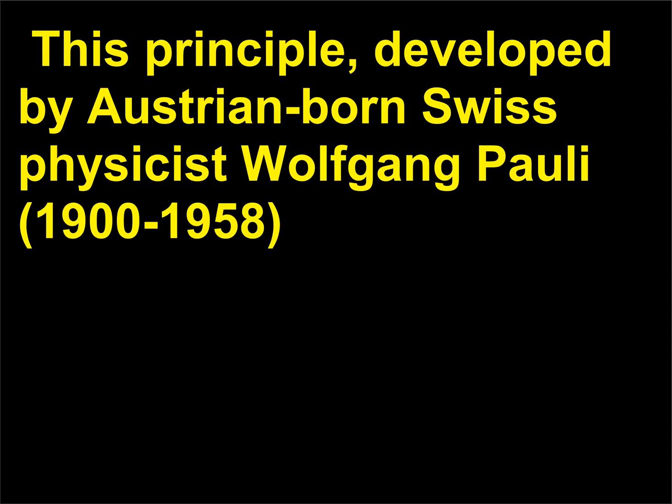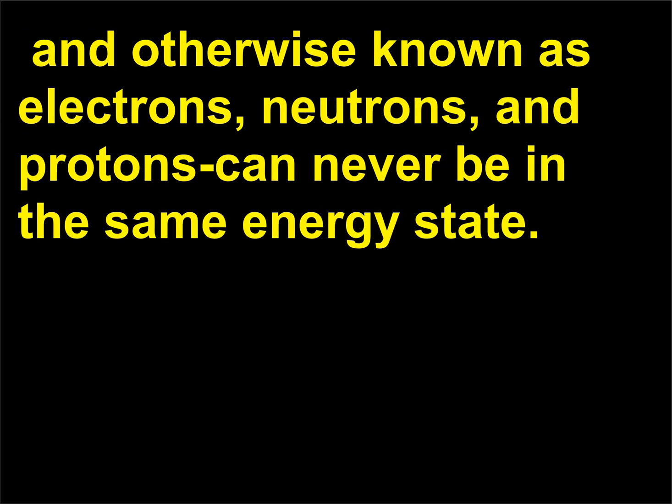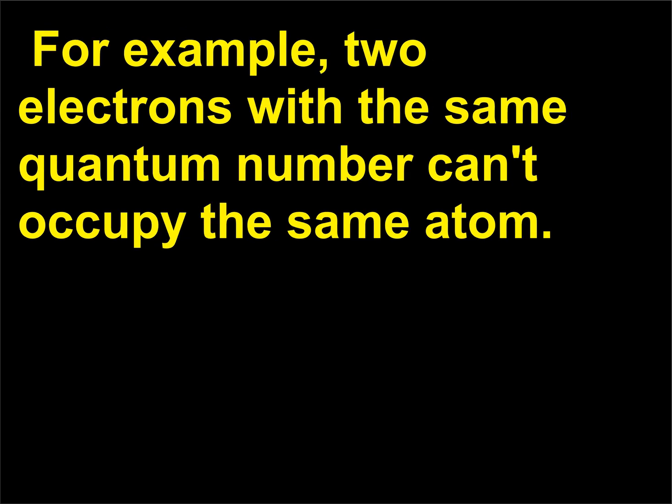This principle, developed by Austrian-born Swiss physicist Wolfgang Pauli (1900 to 1958) in 1925, states that two particles of a certain class called fermions, otherwise known as electrons, neutrons, and protons, can never be in the same energy state. For example, two electrons with the same quantum number can't occupy the same atom.